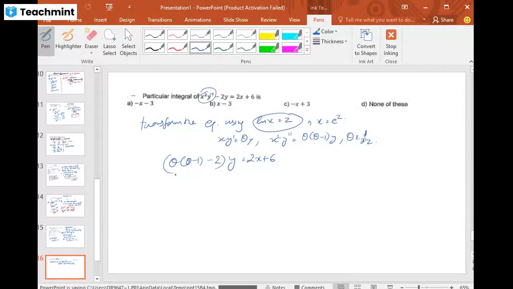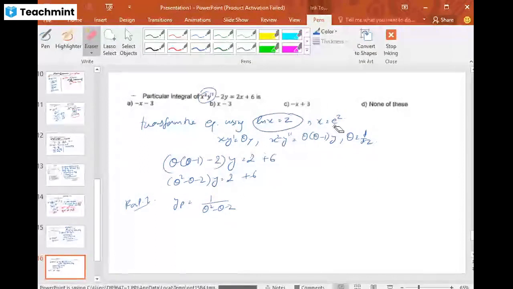So we are interested to find out the particular integral only. So for particular integral, we apply the inverse operator 1 upon theta square minus theta minus 2. Sorry, we need to replace x with, what is x? X is now e power z. So this is 2 times e power z plus 6.